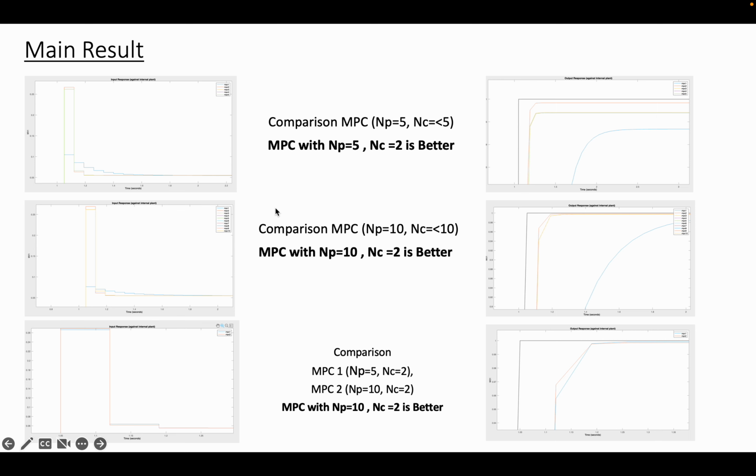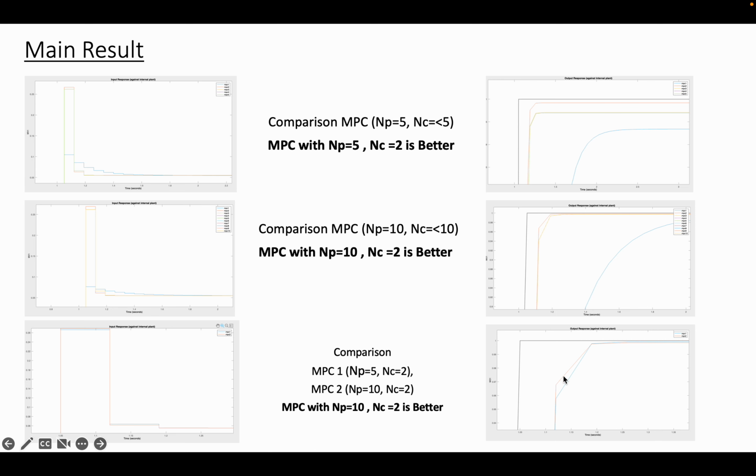So I do it again, varying NP, with NP equal to 10 and NC smaller than 10. So I get MPC with NP equals 10 and NC equals 2. And I compare again NP5 and NP10, and I get that NP10 and NC2 has better performance.